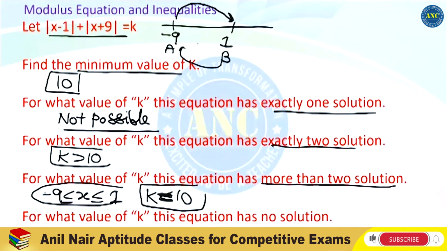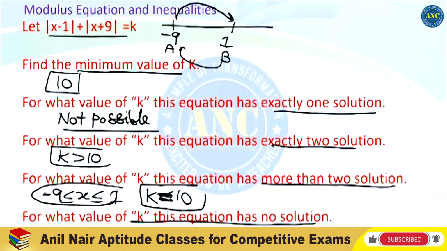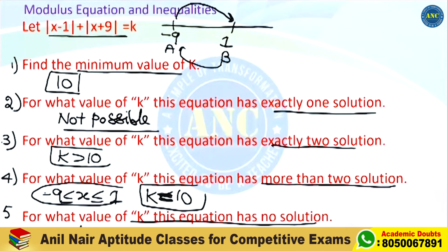For what value of k does this equation have no solution? If the right hand side is less than the distance, k is less than 10. So 5 questions in a single shot you can solve if you know this concept. If you know this concept, you can solve this question very easily.